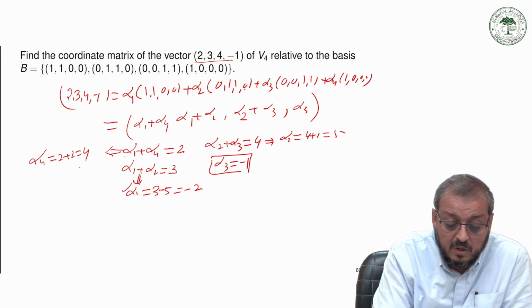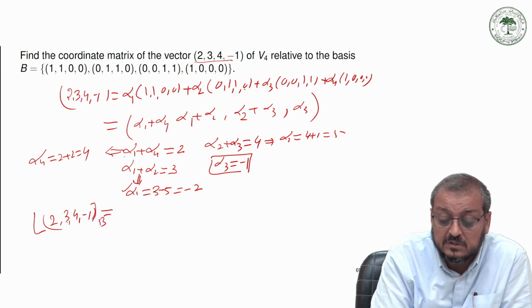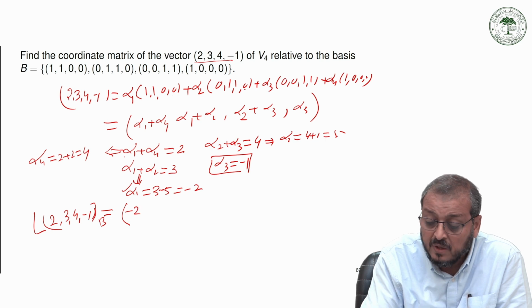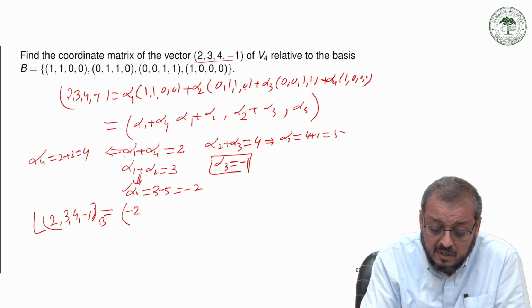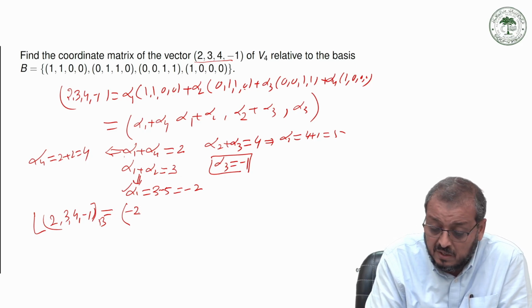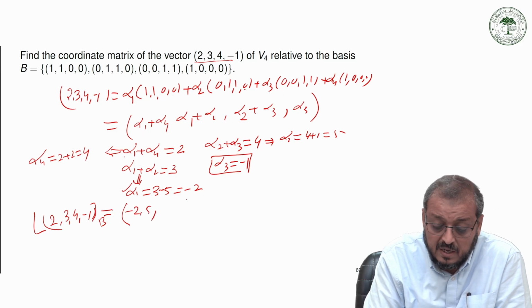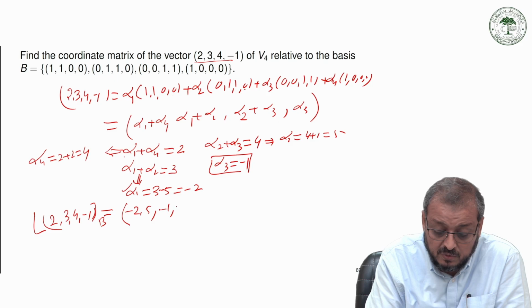So we get that (2, 3, 4, -1) relative to the basis B has the coordinates alpha 1 is equal to -2, alpha 2 is equal to 5, alpha 3 is equal to -1, and alpha 4 is equal to 4.